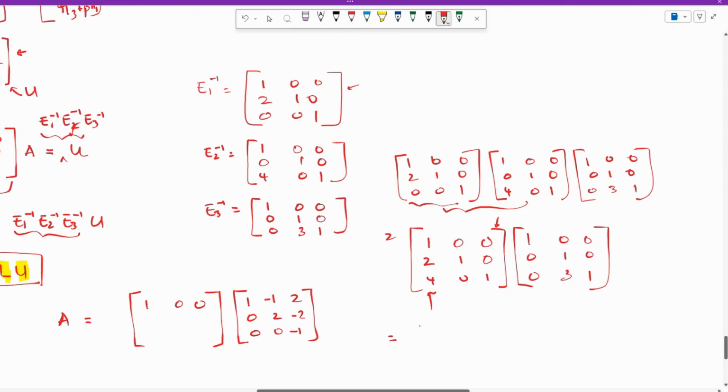Now you tell me what will be the final matrix using the row view. What will be the first row?